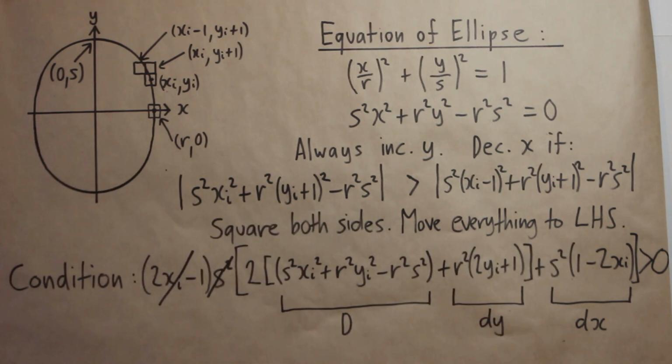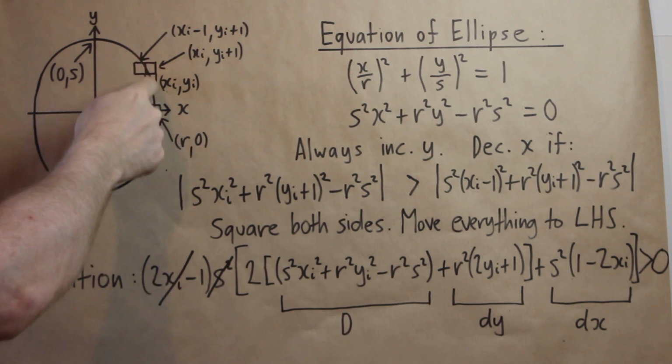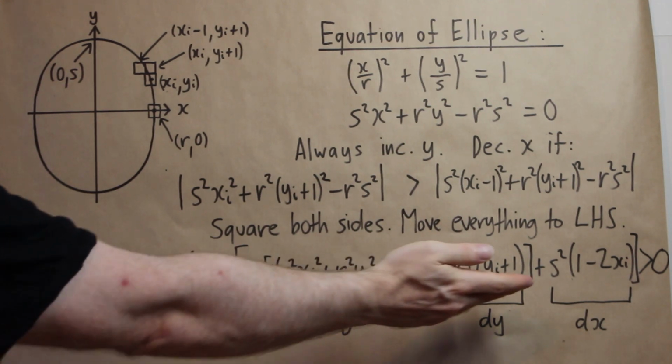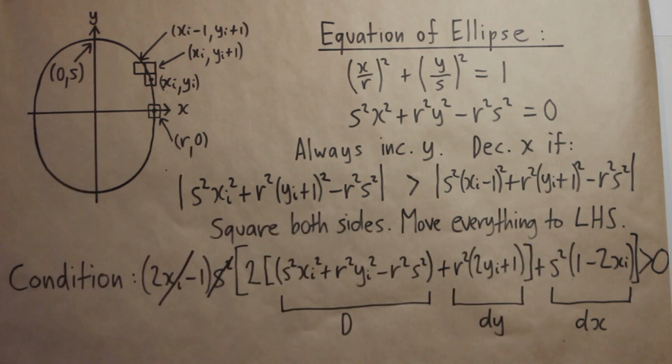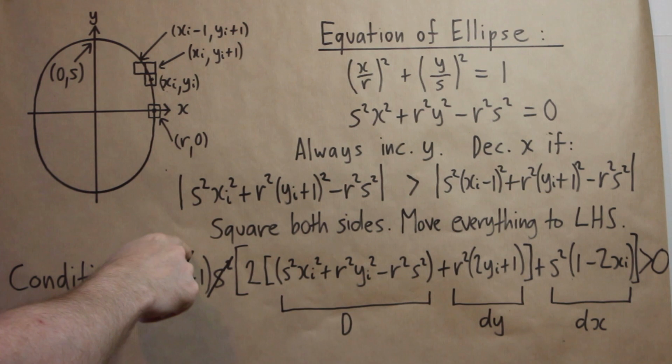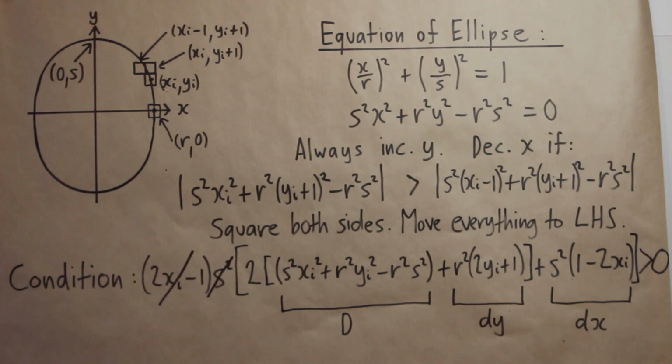Now it turns out that this condition, that this big long expression has to be bigger than 0, can be simplified. First of all, this value 2xi minus 1 is always positive on this first octant of the ellipse. So I can actually ignore that, because multiplying by a positive value doesn't change the sign, and so basically it's going to be greater than 0 whether or not I multiply by that positive value.